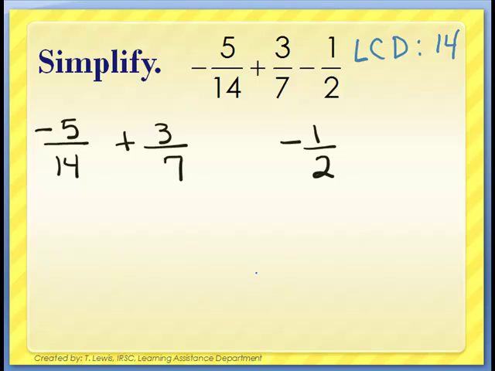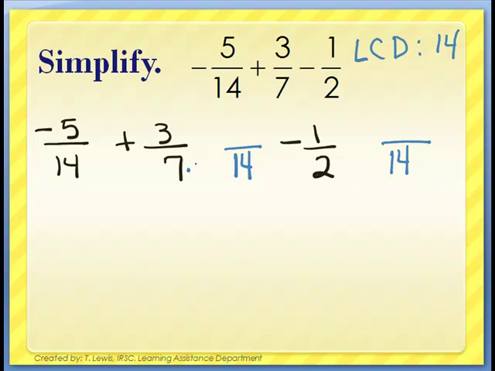So as we look at each fraction, the first fraction, negative 5 over 14, we do not have to convert because the denominator is in 14ths. But the second fraction, we will have to convert to 14ths, as well as the third fraction. So we have 3 over 7. What will we have to multiply 3 over 7 by to get it into 14ths?